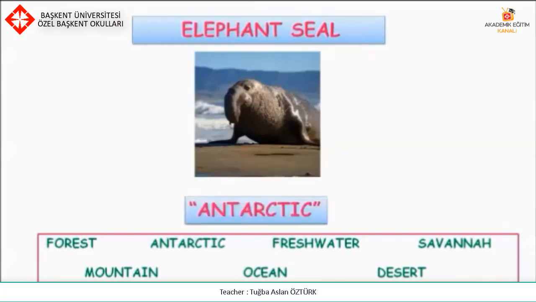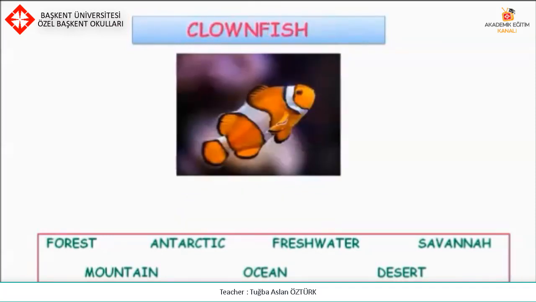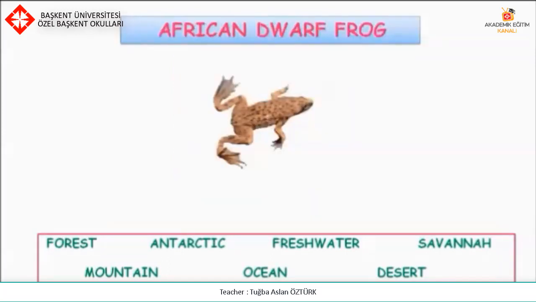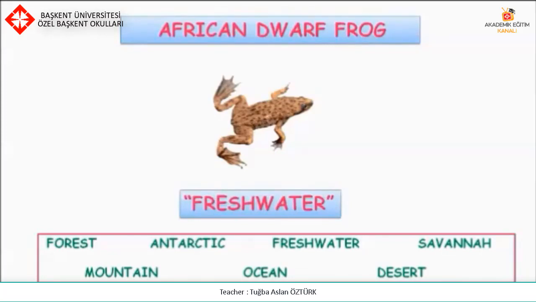Its habitat is Antarctic. Clownfish. Its habitat is ocean. African dwarf frog. Its habitat is freshwater.